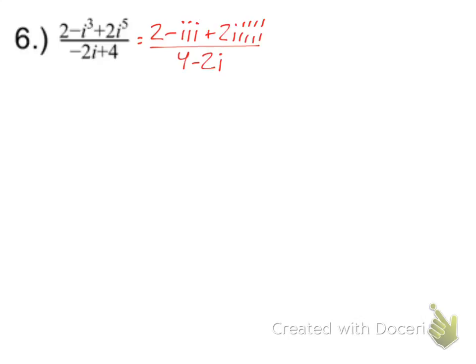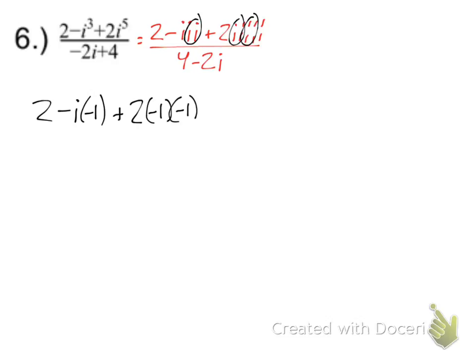So we start circling up our partners. 2 minus i times negative 1, plus 2 times negative 1 i, all over 4 minus 2i. Negative negative makes a positive.